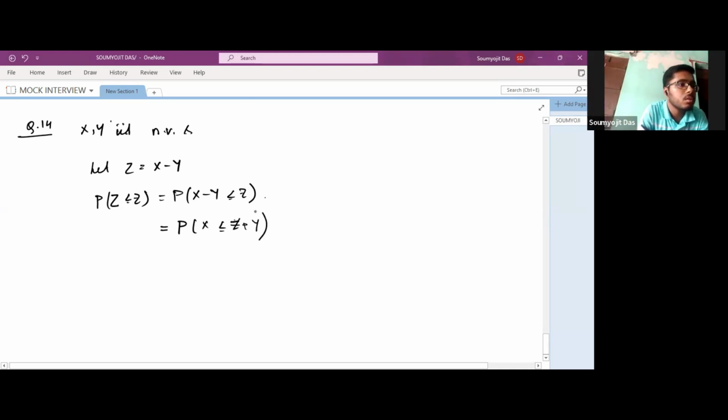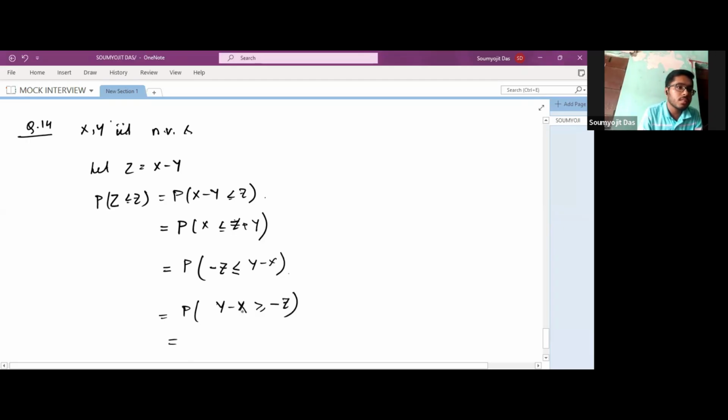Here, minus z is less than or equal to y minus x. So we can write it again as y minus x is greater than or equal to minus z.